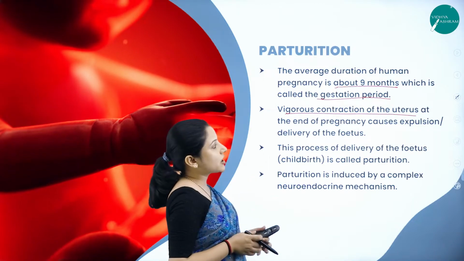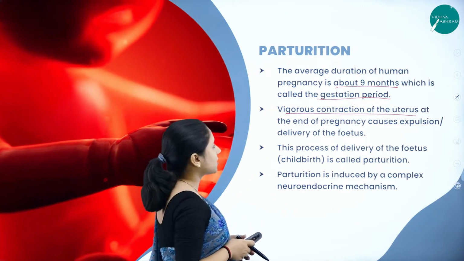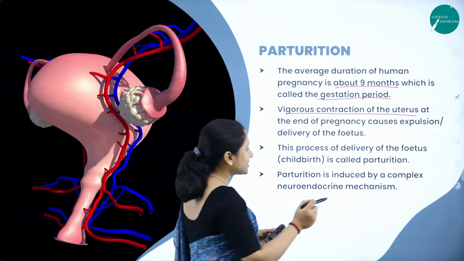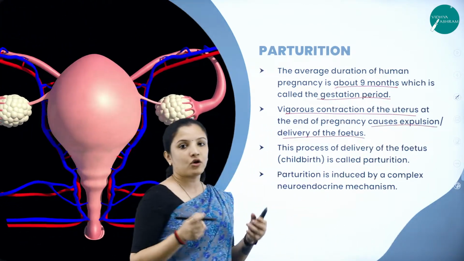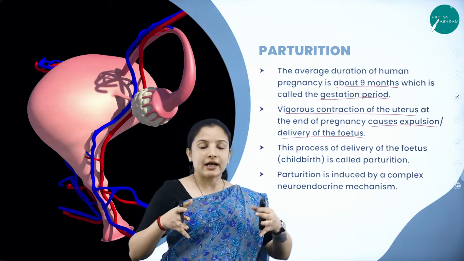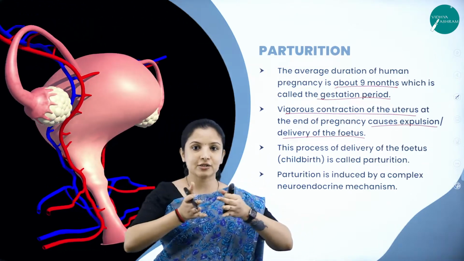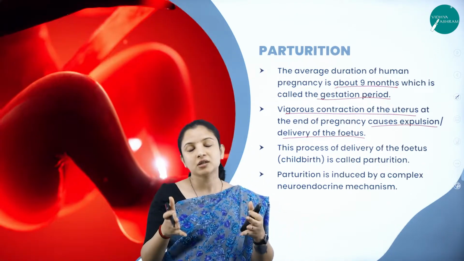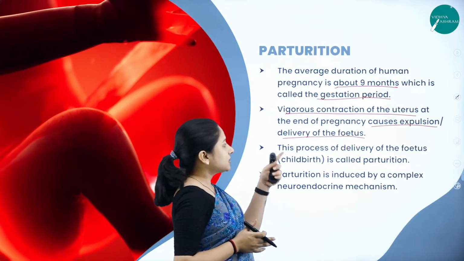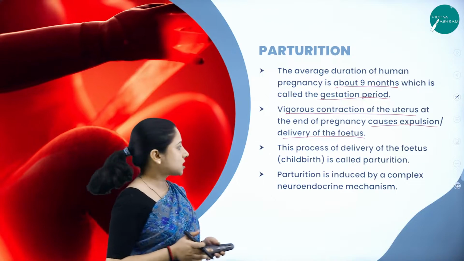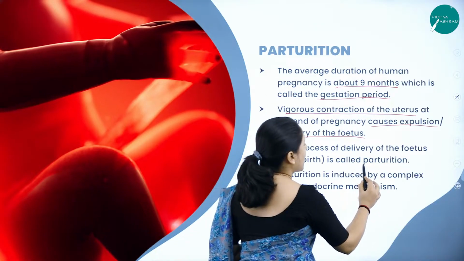So vigorous contraction of the uterus will cause expulsion of the fetus. As the uterus contracts, it will push the fetus outside the female body through the vagina. And this process of delivery of the fetus is called parturition.